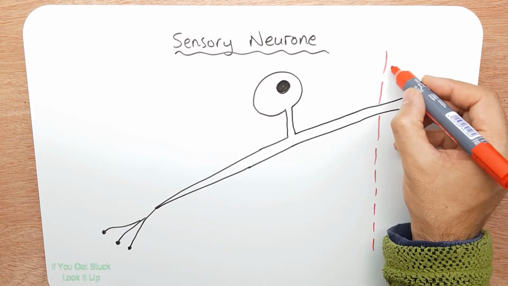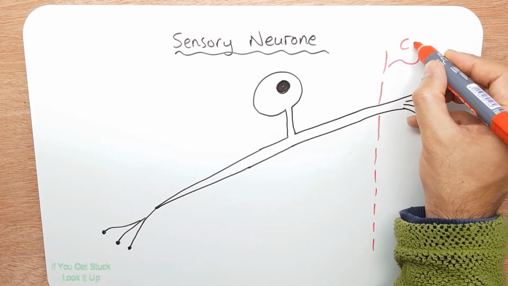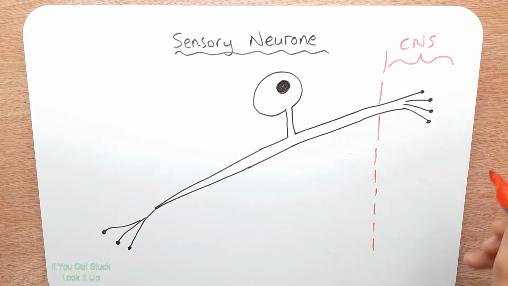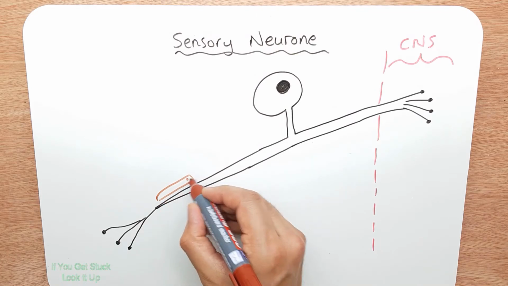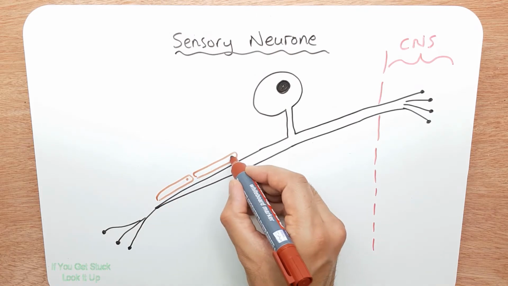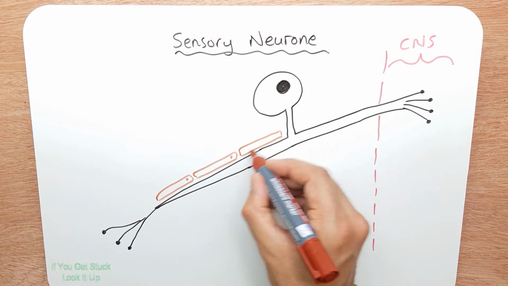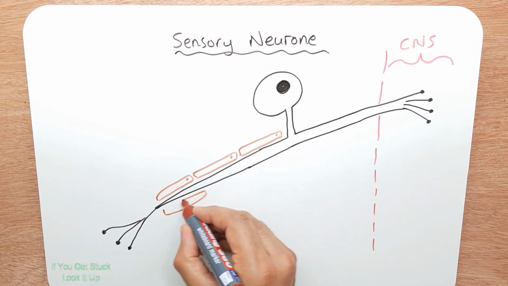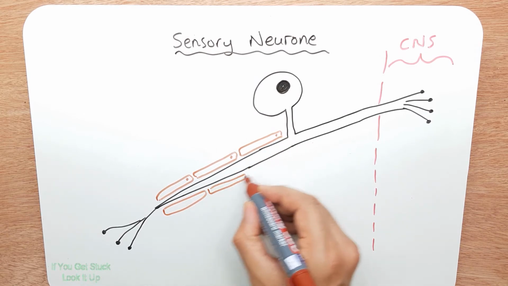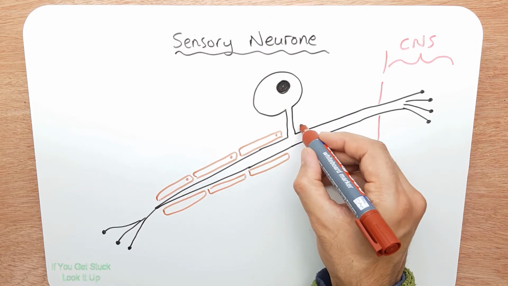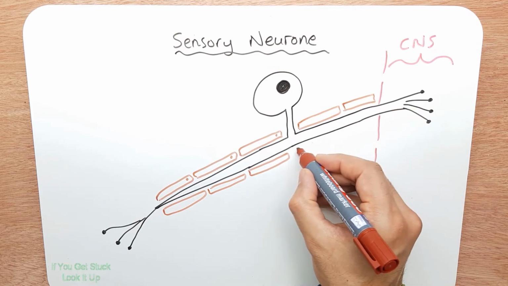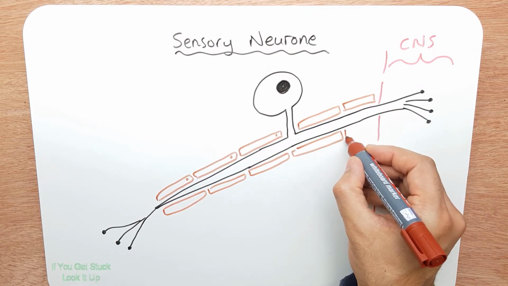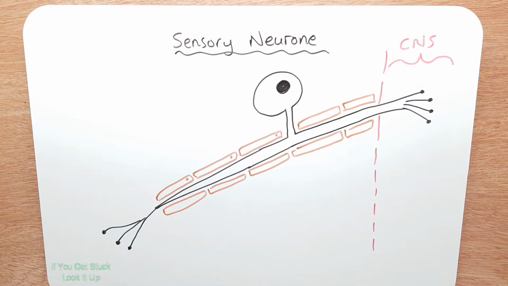So you have your central nervous system here, and then you have your fatty substance made up of cells covering the outside of the cell, the myelin sheath. All leading up to the central nervous system.